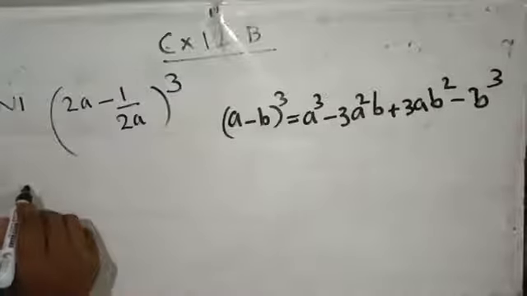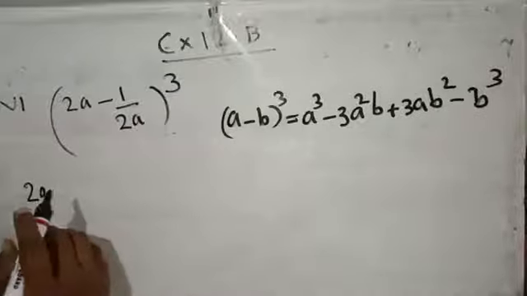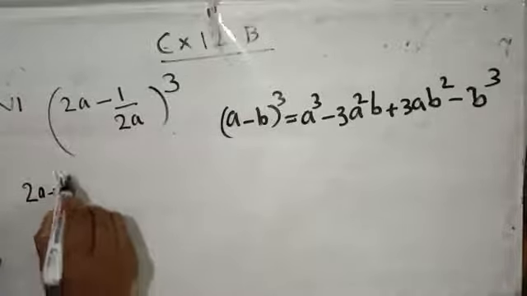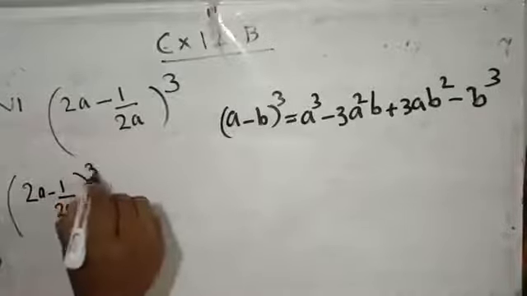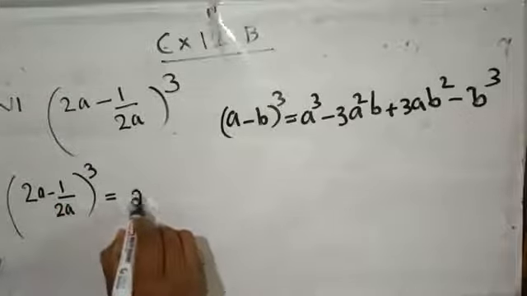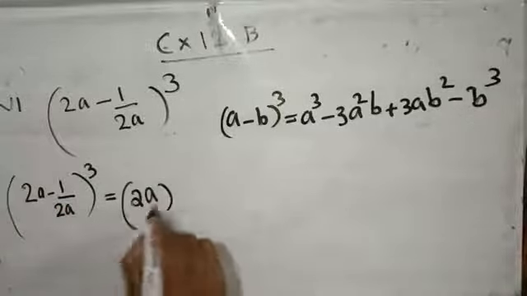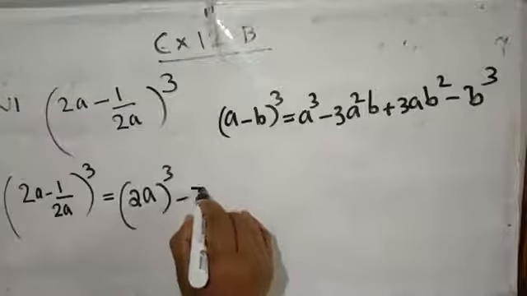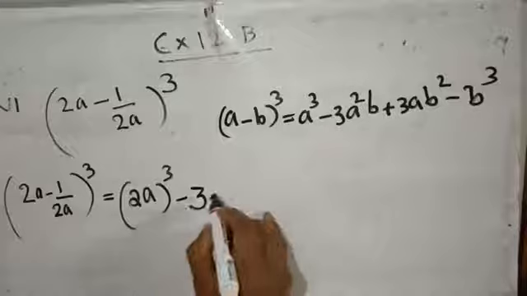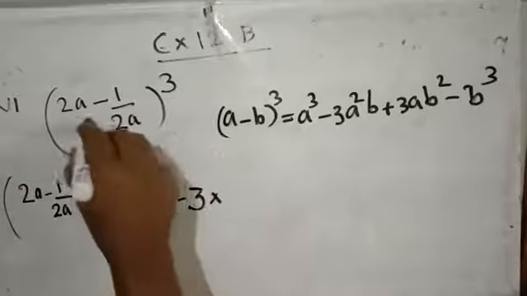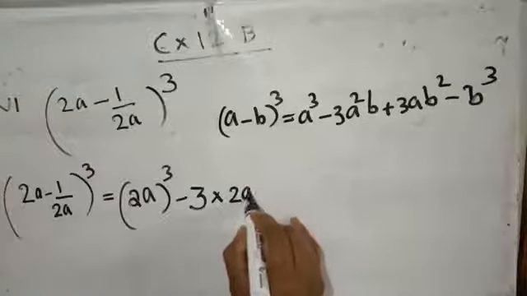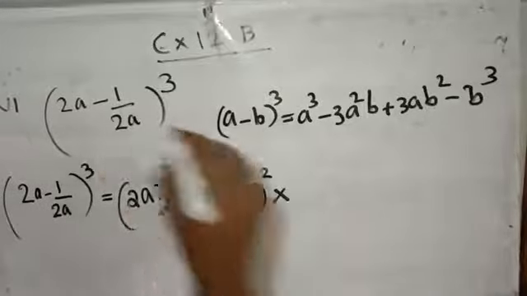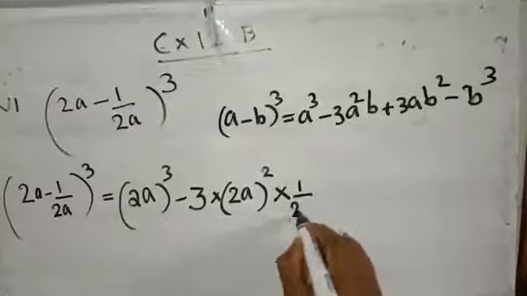So 2a minus 1 by 2a the whole cube is equal to a cube, that is 2a the whole cube, minus 3 into a square. What is a? A is 2a, so 2a square into what is b? 1 by 2a.